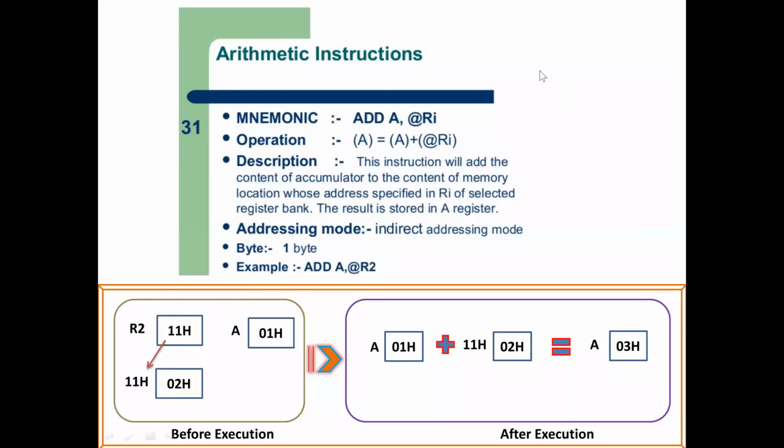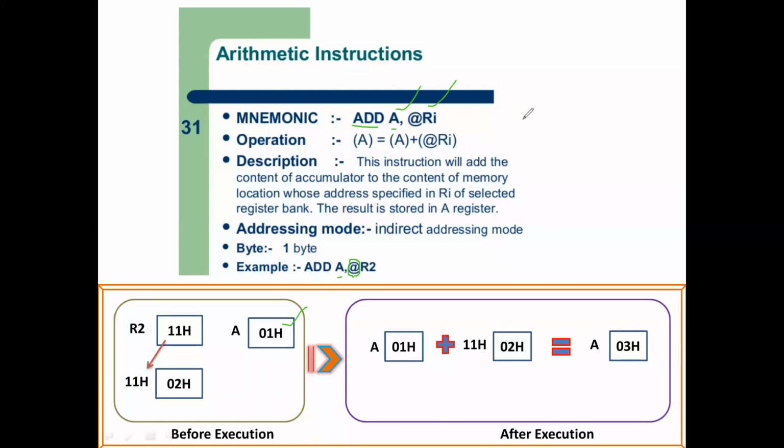Right. So now I'll go to another instruction: ADD A, comma, @Ri. So I'm going to add these two values. In the accumulator, let me have the data 01. I told you before that students will face a little bit of a problem here.